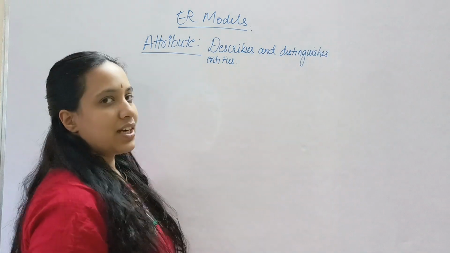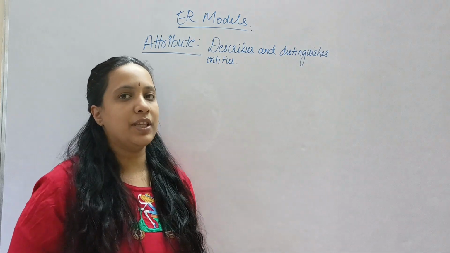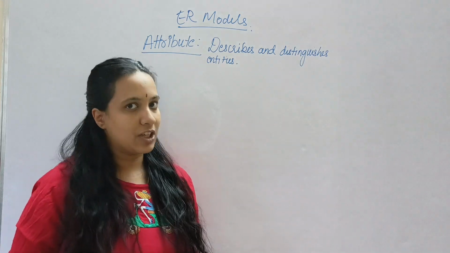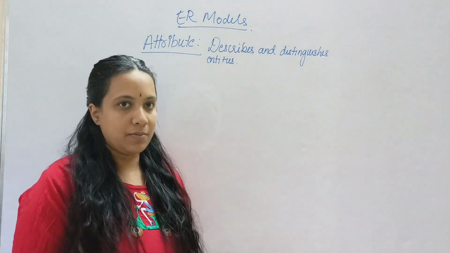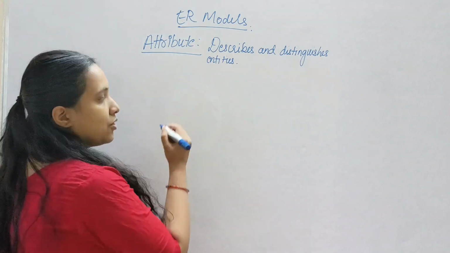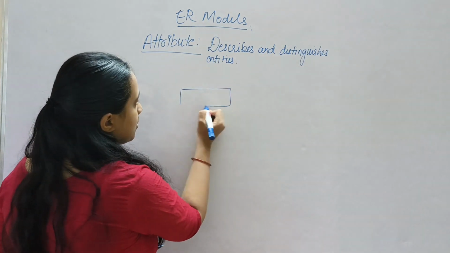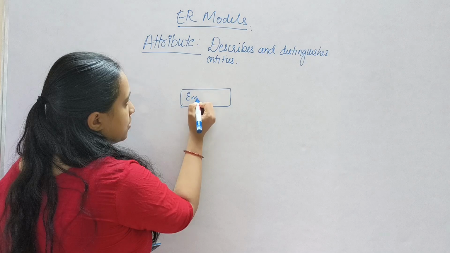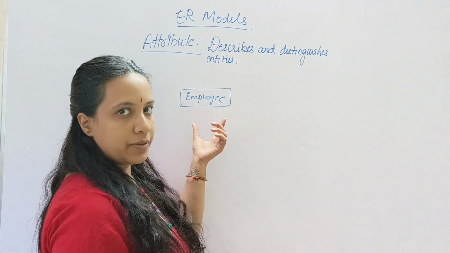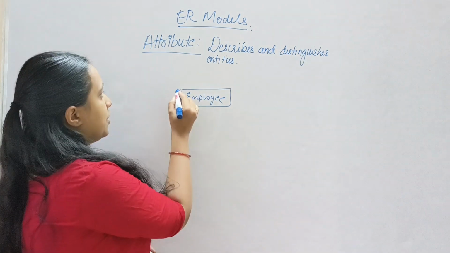Now let us study the different types of attributes. As I said, we will be studying everything with an example instead of going in terms of definitions, because definitions are available everywhere. To study the types of attributes, let me consider the entity employee.